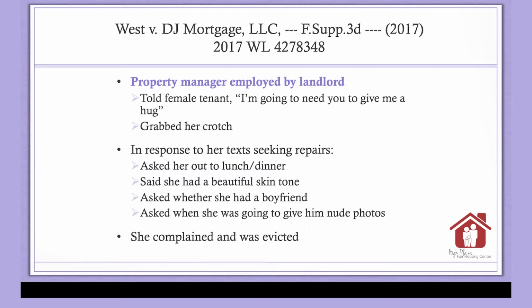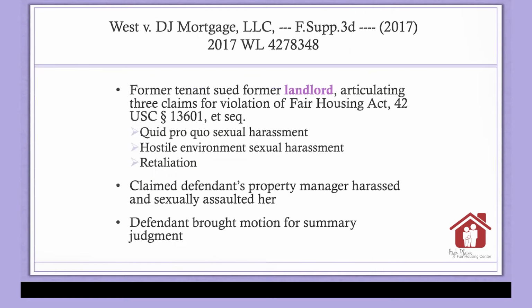Let's see how these facts were analyzed by the court in a claim brought on her behalf. The former tenant, after being evicted, sued the former landlord, so sued the company for the conduct of this individual property manager, and articulated 3 claims for violation of the Fair Housing Act: quid pro quo sexual harassment, hostile environment sexual harassment, and retaliation, that portion I mentioned under 3617.